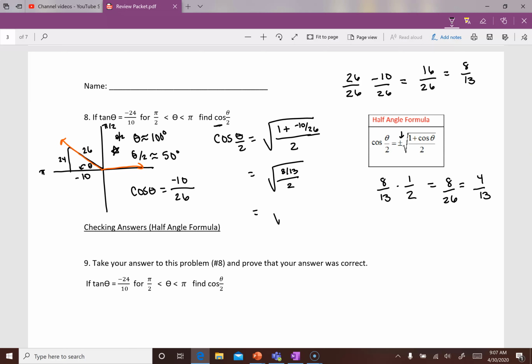So this gives me the square root of 4 over 13. And that's going to be equal to, well, the square root of 4 is just 2, and then the square root of 13 is root 13. And then I need to rationalize my denominator. So I do that, and I get 2 root 13 over 13. And that's my answer. Sweet.